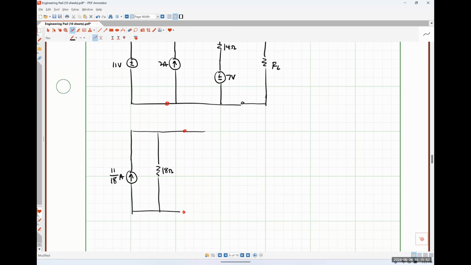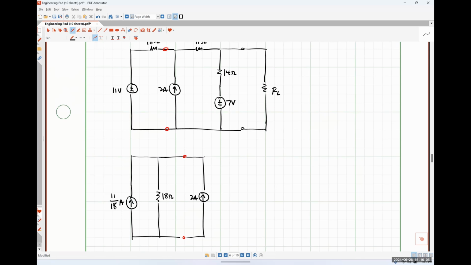Now I'm going to have a 2 amp source. That is a resistor, my apologies, 11 ohms, 14, 7 volts, and over here is RL.